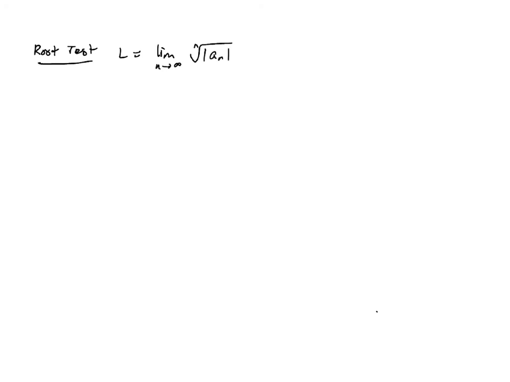So we only use one term, but we take its nth root. And when you compute this limit, assuming that you can actually compute it, the test is exactly the same as with the ratio test. So if L is less than 1, then this series of terms a_n converges absolutely.